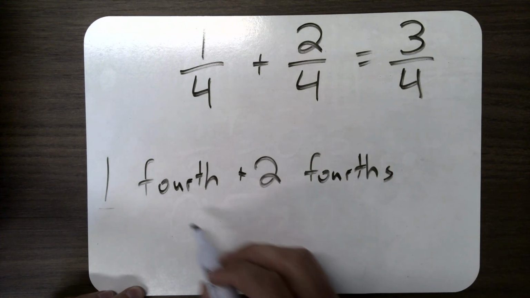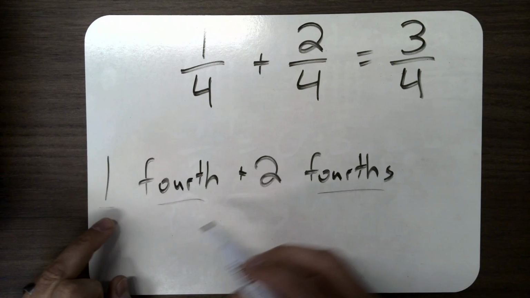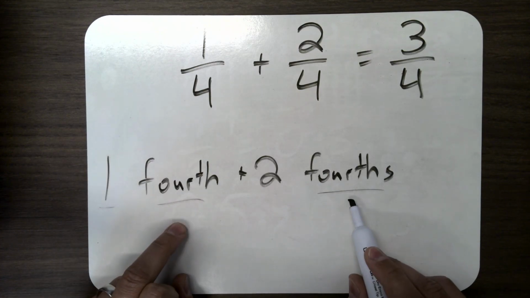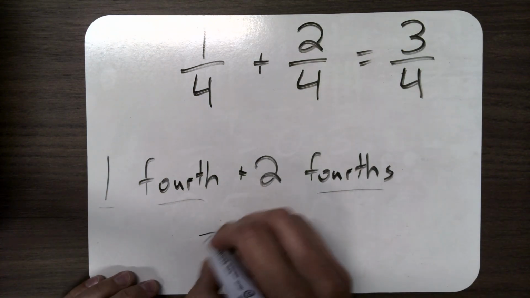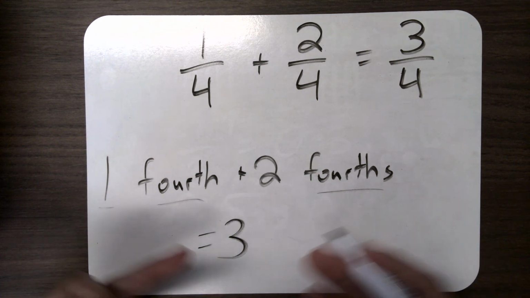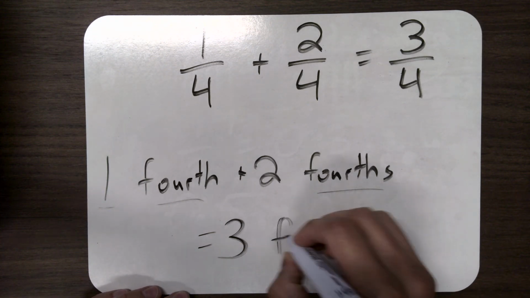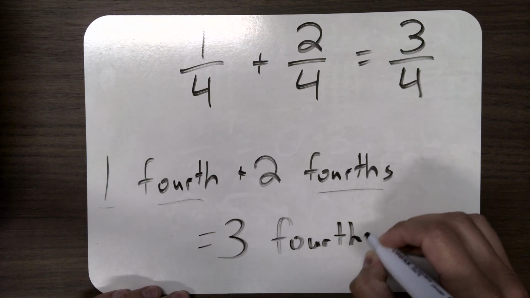It's 1 plus 2, and we just have to keep our label. And the reason we're able to add that 1 and 2 together is because they have the same label. Because then obviously they're going to be equal to 3. 1 plus 2 is 3. But 3 what? What's the label? What's the name of the thing that we're talking about? We're talking about fourths. So our sum will be 3/4.